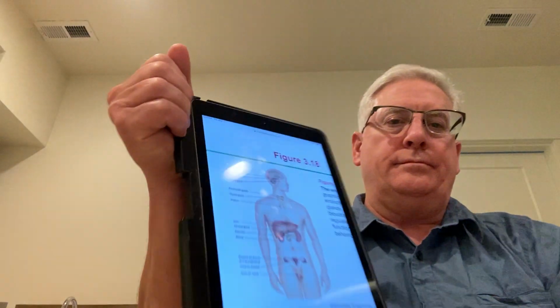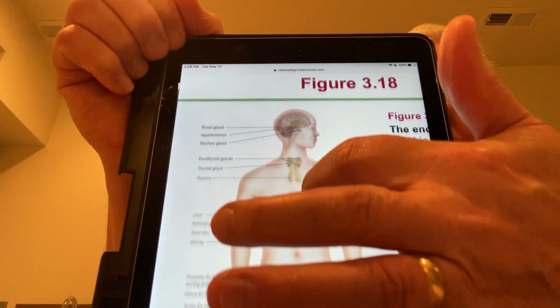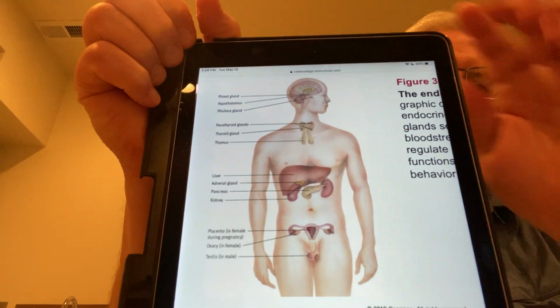It does what the hypothalamus tells it to do. Okay, there it is. Let's see if I can keep it here this time. All right, we'll move this up a little bit. You can see the whole thing. Let's try to expand it just a little more. There we go.